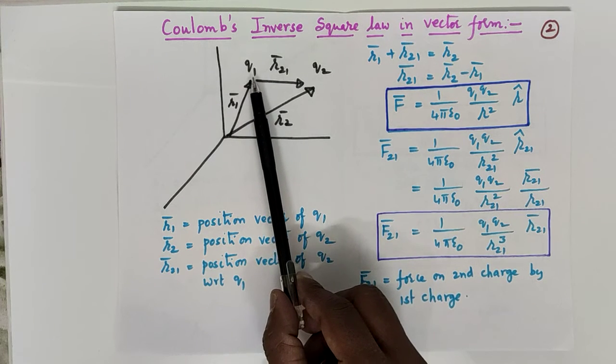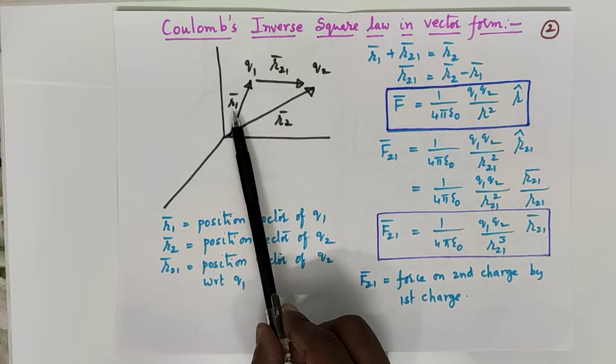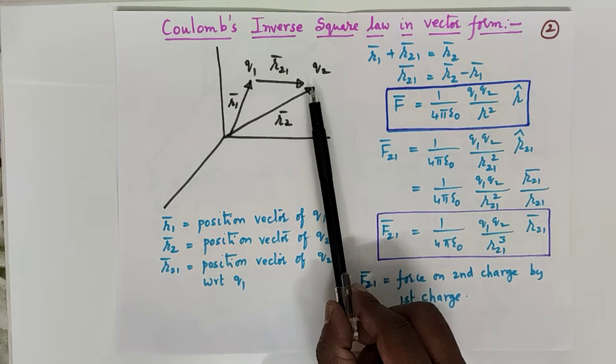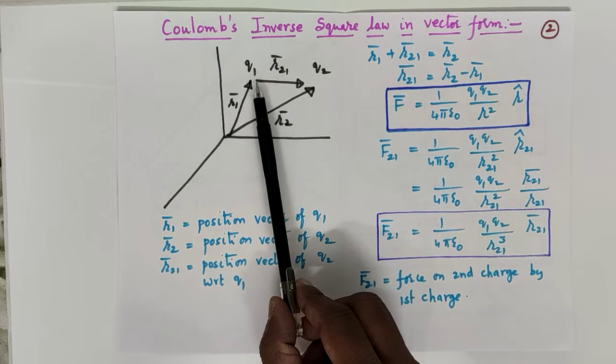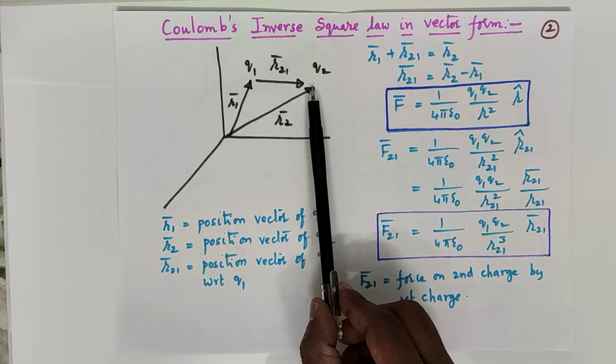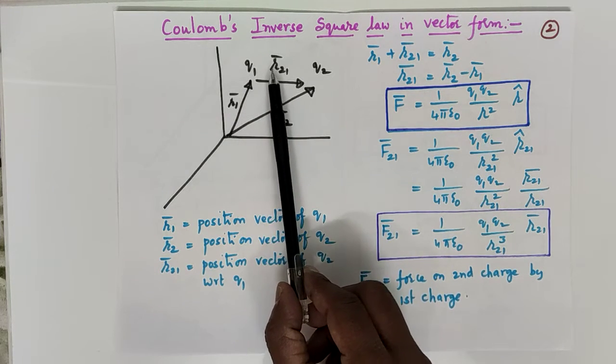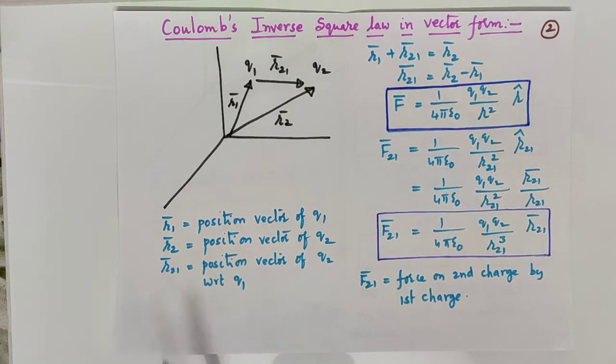The position vector of q1 is r1 bar. The position vector of q2 is r2 bar. Here, the position vector of q2 with respect to q1 is r21 bar. So, r1 bar is the position vector of q1, r2 bar is the position vector of q2, r21 bar is the position vector of q2 with respect to q1.